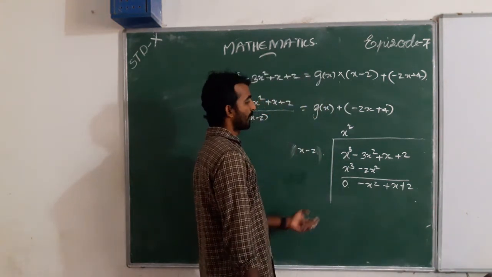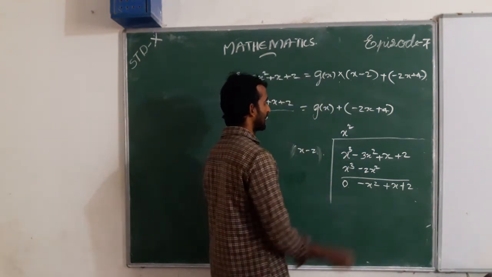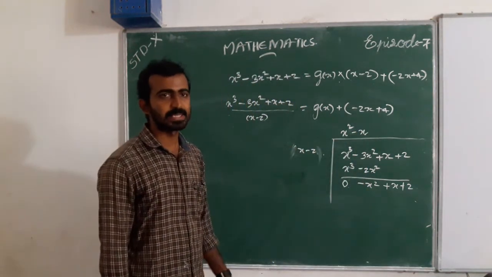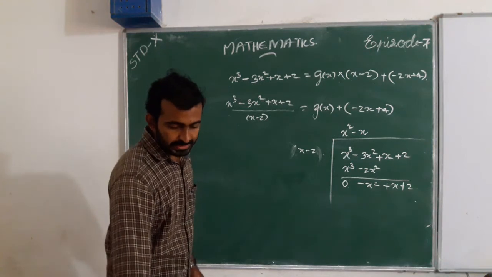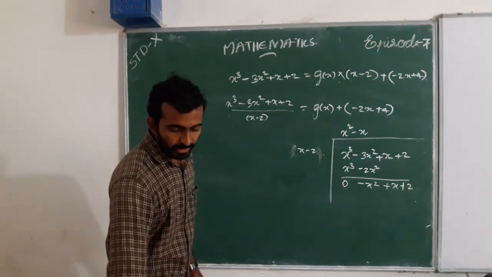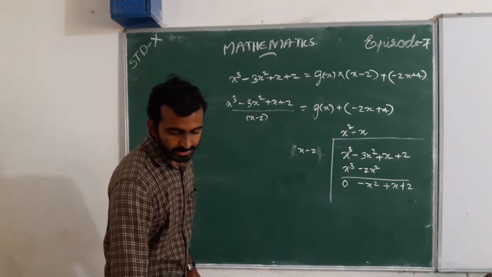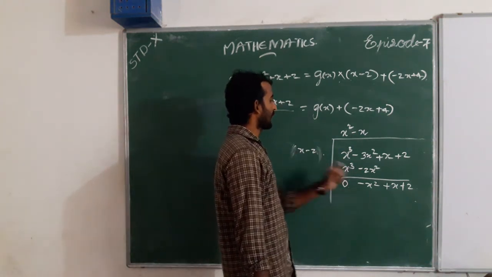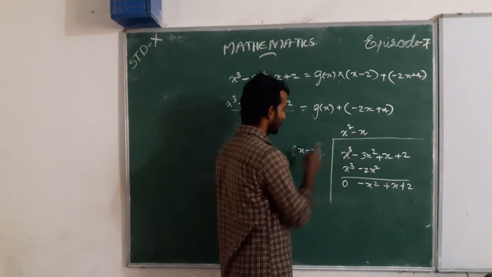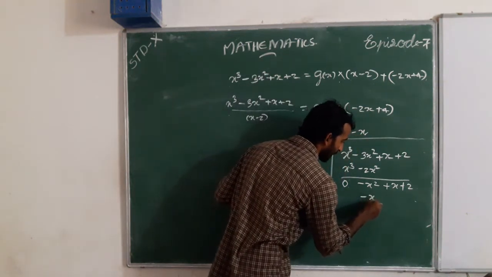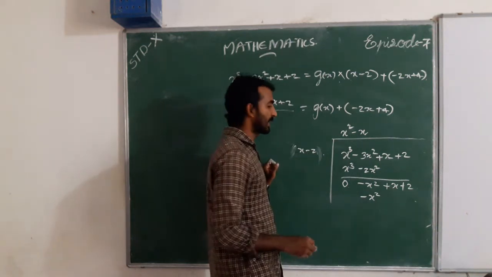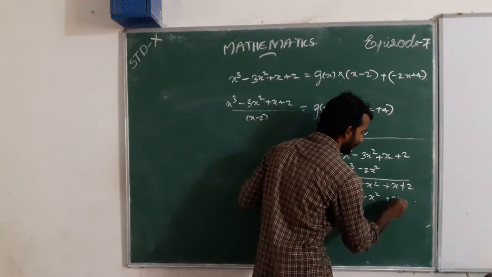We want to get minus x square. That is, we put minus x. That is minus x into x, what is the answer? Minus x into x is minus x square, and minus x into minus 2 we get plus 2x.